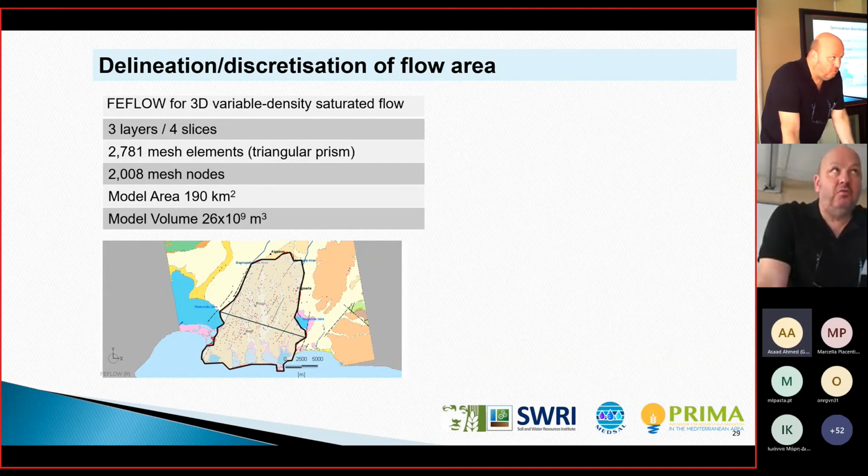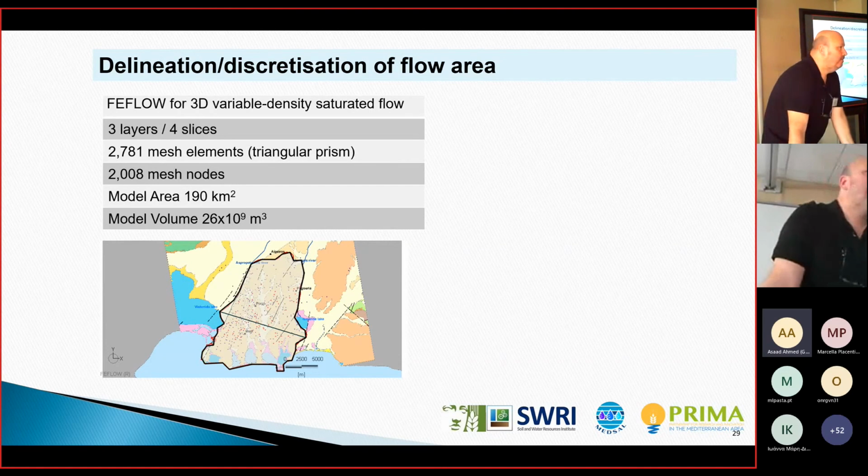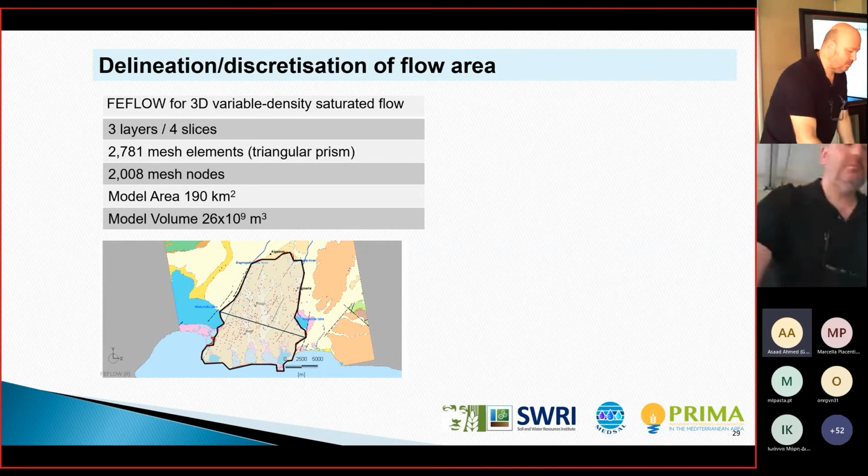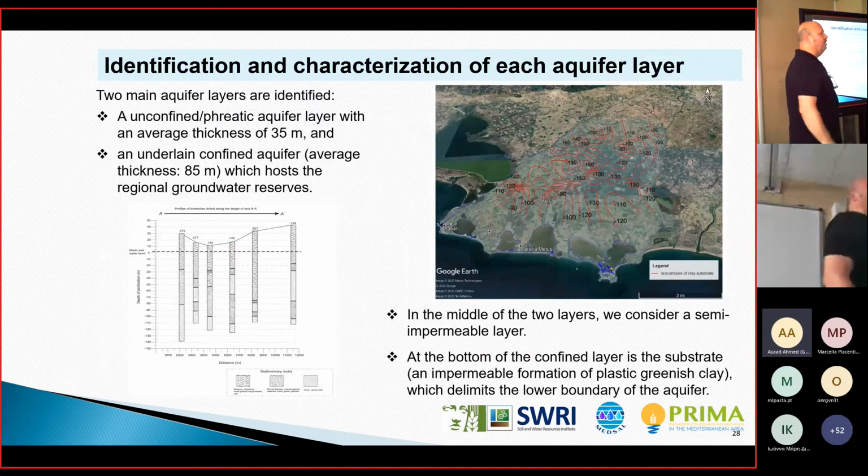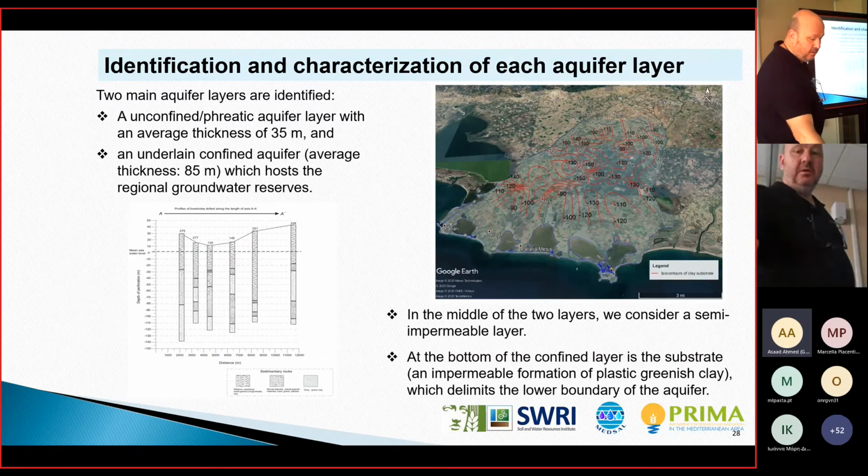So we use Fick's law for simulating the three-dimensional variable density saturated flow in this aquifer system. We have the three geological layers, so we have four, yes? Geological information. Pardon? What do you mean?